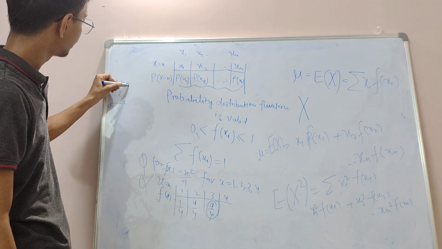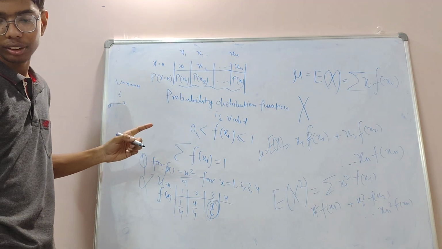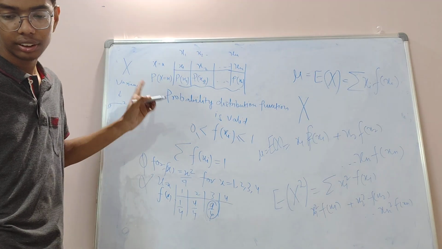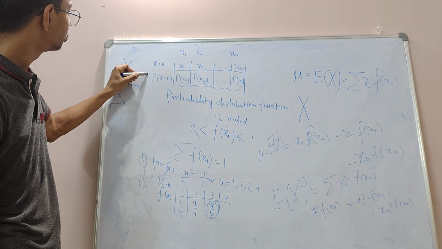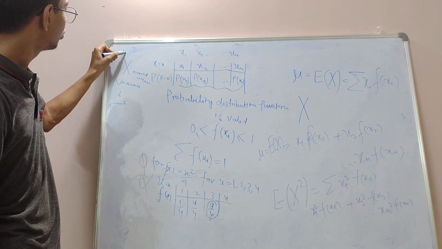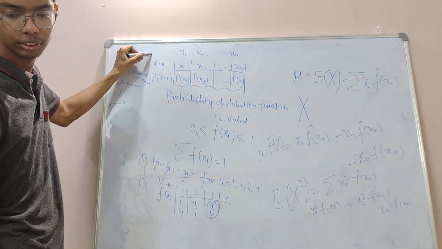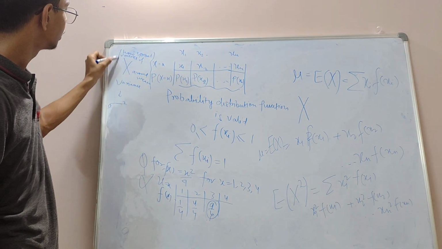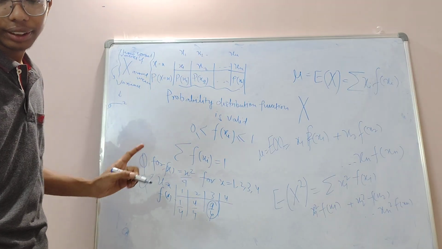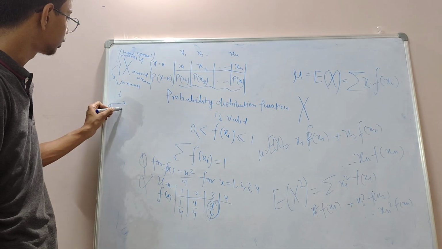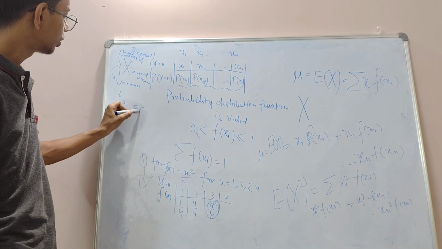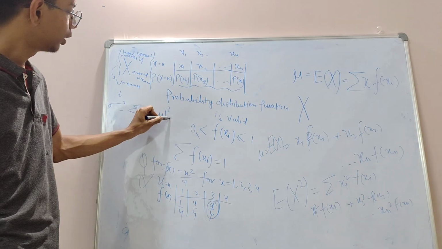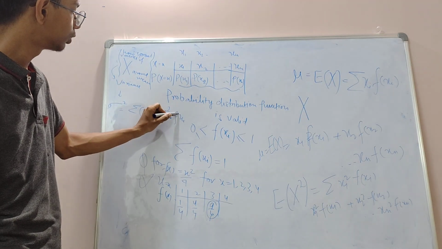This is called variance, and it tells how spread out the values of the random discrete variable are around the mean. The formula is given by summation of (xi minus mu) square into f(xi), right?